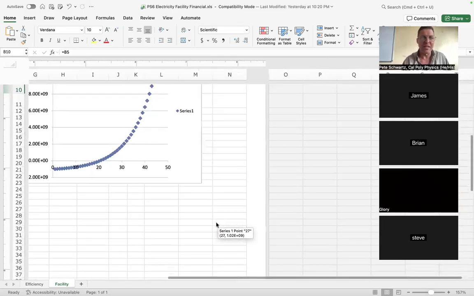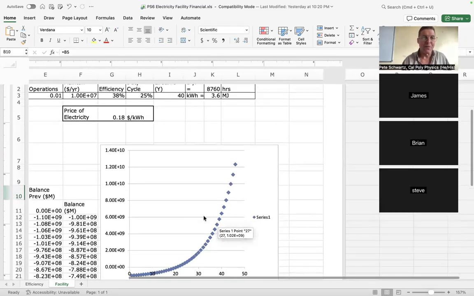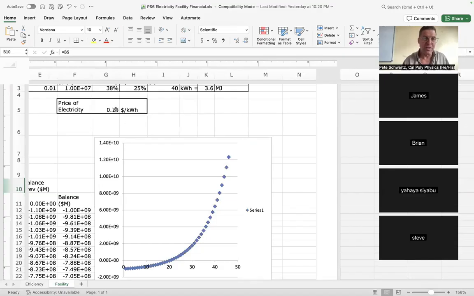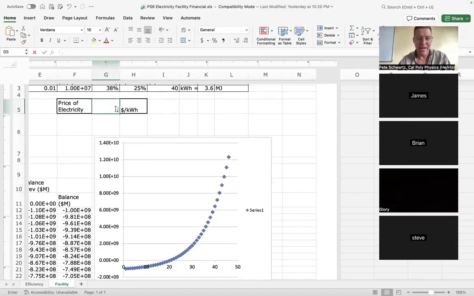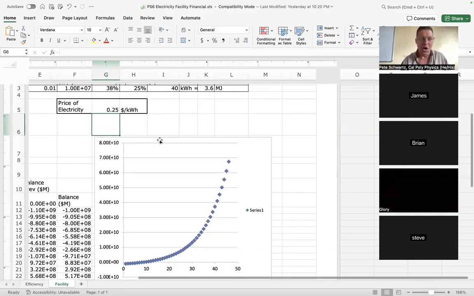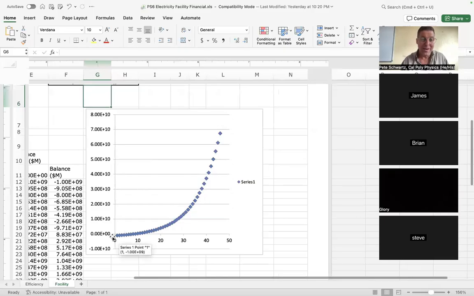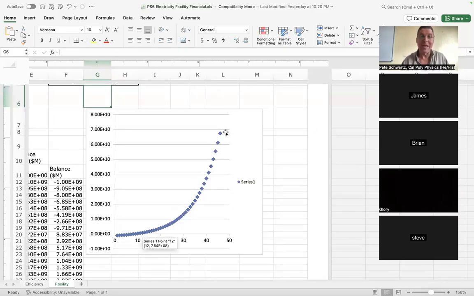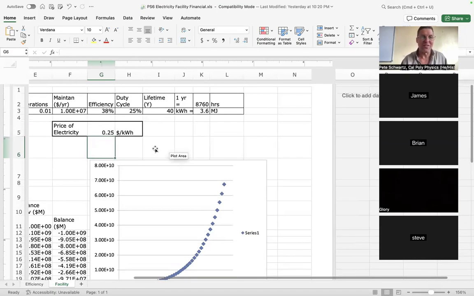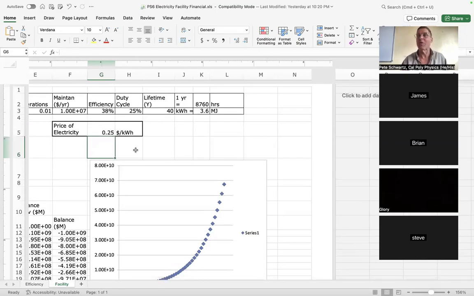And you can see that if you just raise the price of electricity, let's say you raise it to 25 cents, right? All of a sudden now we're not in debt very long. We make way more money. But you can't do that because 25 cents a kilowatt hour is too expensive, and you will lose because other companies will replace you.